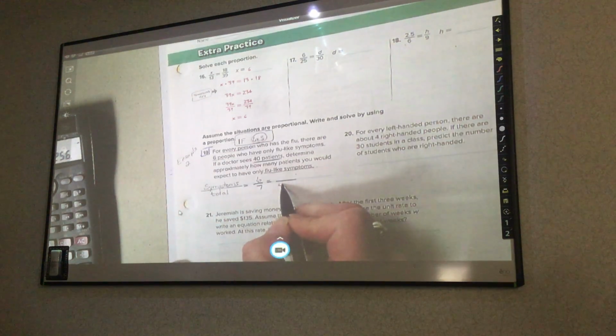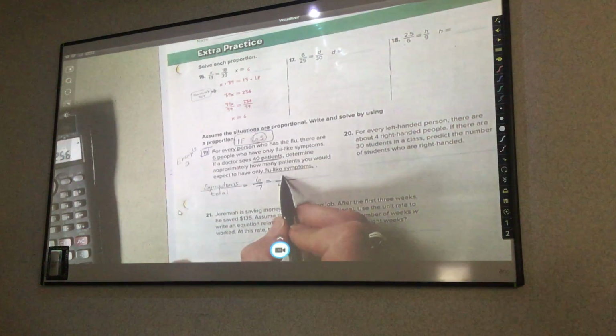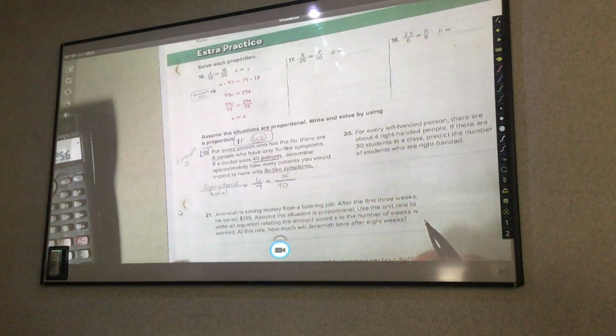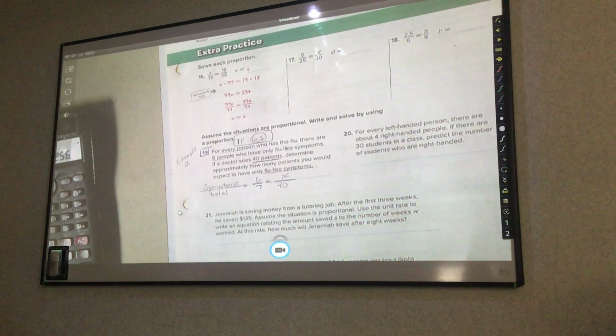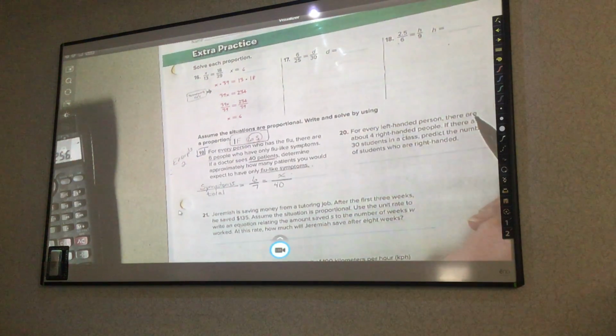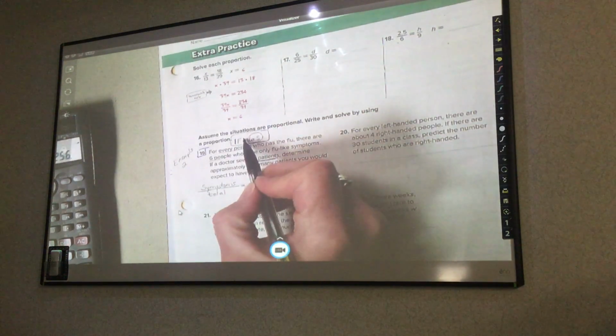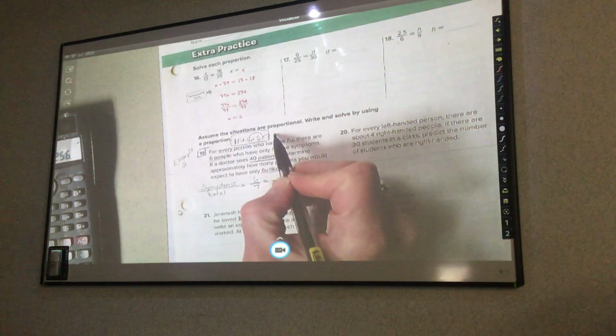Right, because the 40 is the number of patients. So what do I put above? X. And then you guys should know how to solve that. 20 is done the same way as 19, because we added these to equal 7, which is my total number.